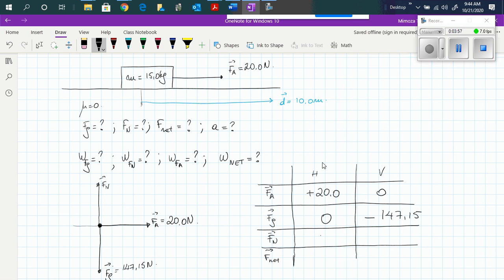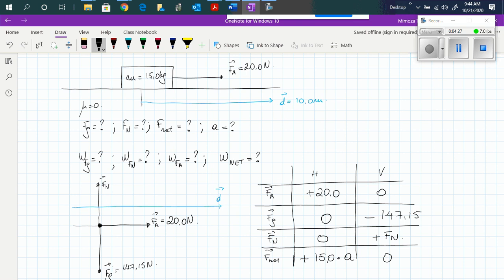The horizontal component of force normal is 0, and the vertical component is positive force normal. The object is moving in the east direction, so this is the direction of the displacement. So then it will be positive 15, that is the mass of the object, times acceleration, and the object is not moving in the vertical direction.